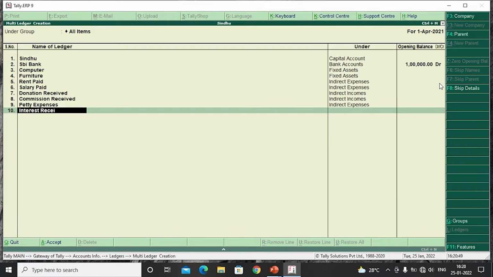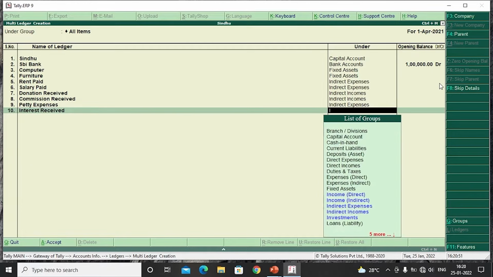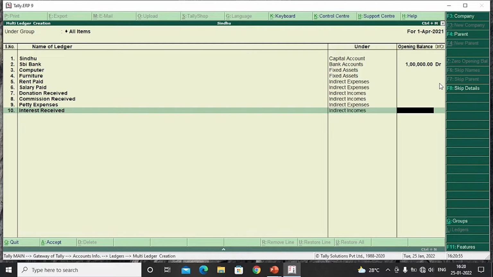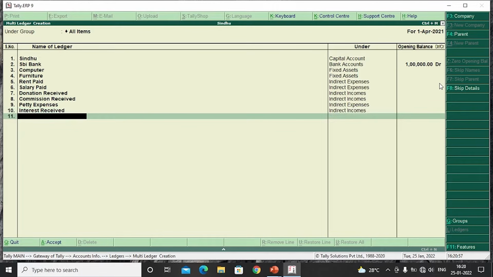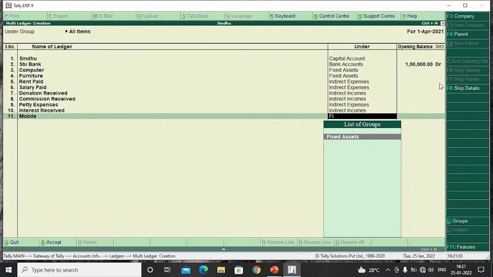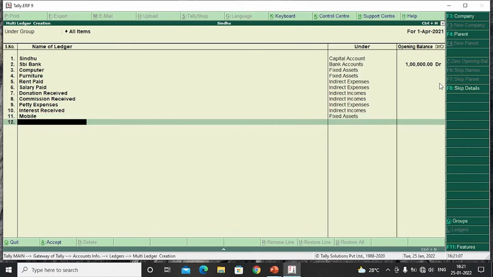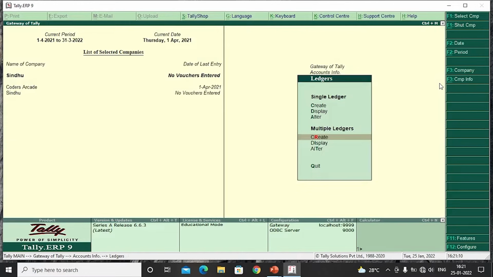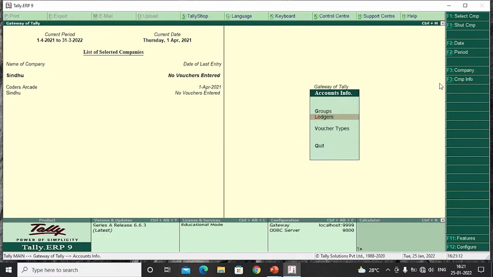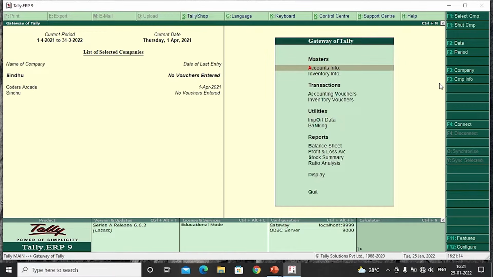Interest received is an indirect income. Mobile. Mobile is a fixed asset. So now press Ctrl plus A. Now the ledgers will be selected. Now press Escape and go to Accounting Vouchers.